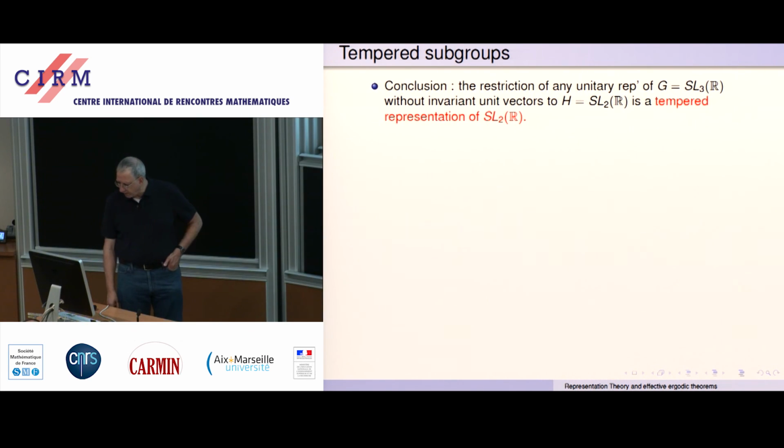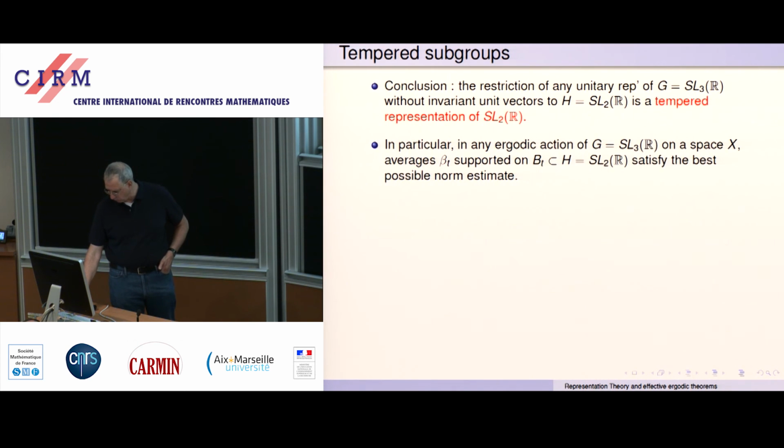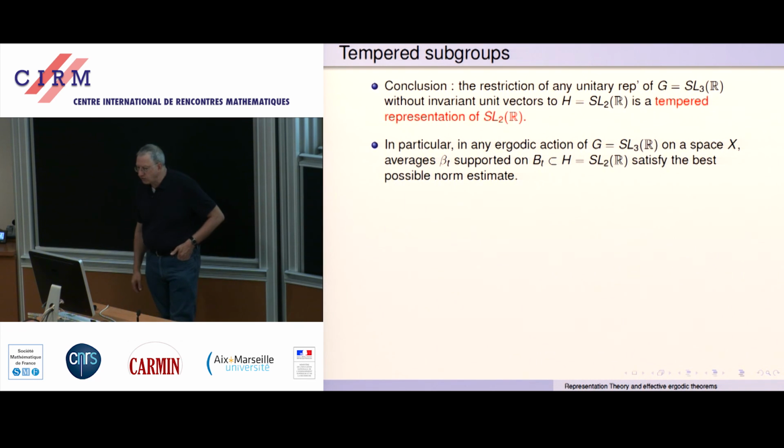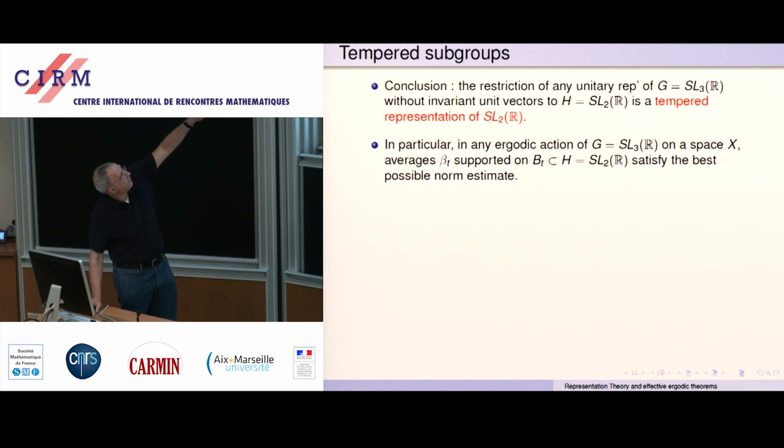So the restriction of any unitary representation of SL3R to SL2 is tempered for SL2. And in particular, in any ergodic action of SL3 on a space X, averages beta T, which are supported in SL2, satisfy the best possible spectral estimates.